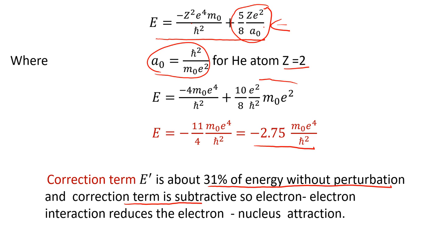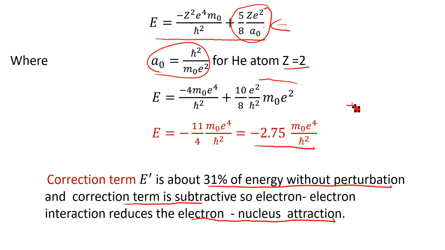So electron interaction reduces the electron nucleus attraction. That means the interaction between electrons reduces the interaction between electron and nucleus.